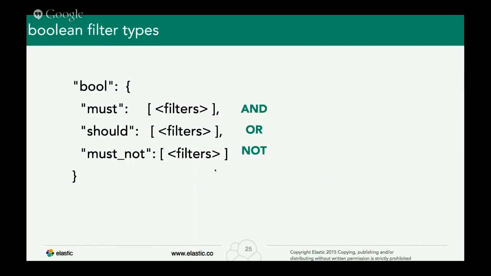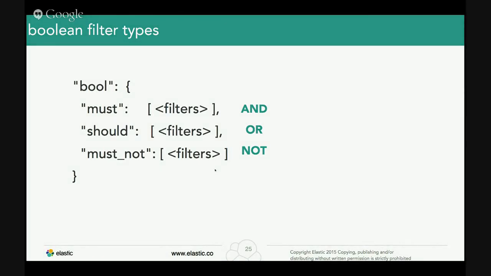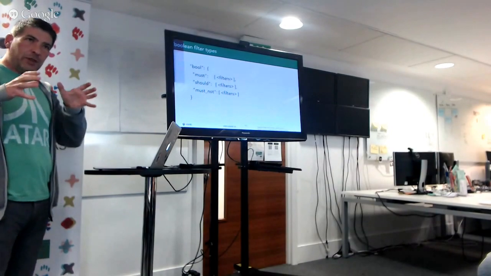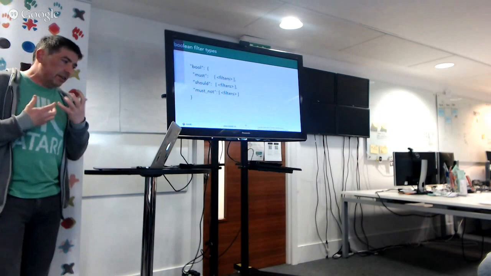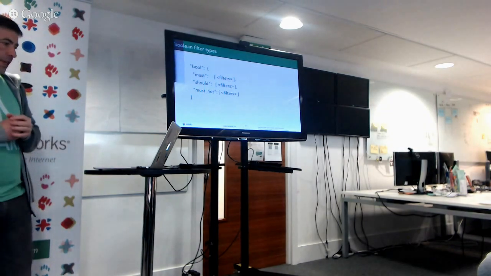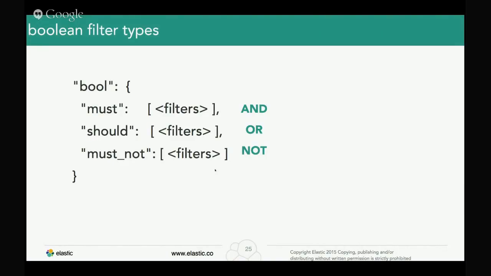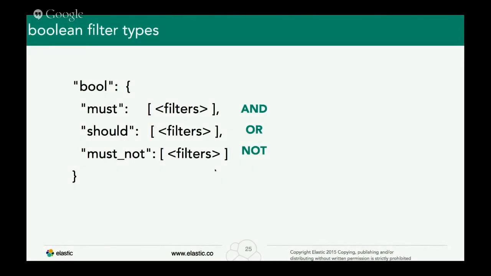One of my favorite filters, this is the one you pull out of your toolbox when you can't really get your data without having a good bool expression, okay? So what we have is a construct which you can put together. And it's called a bool because the must clause is like an and, okay?